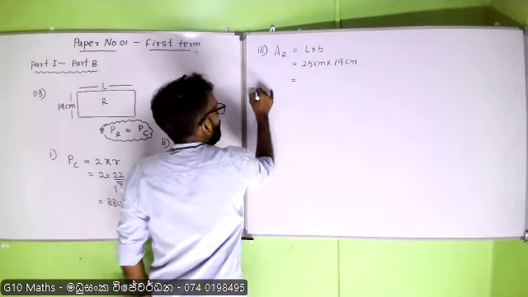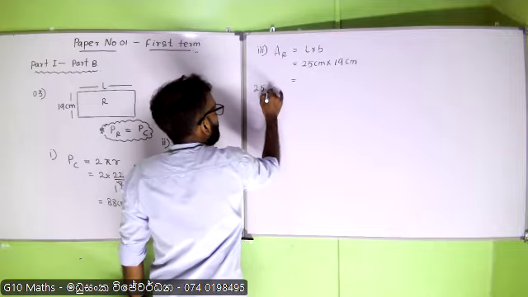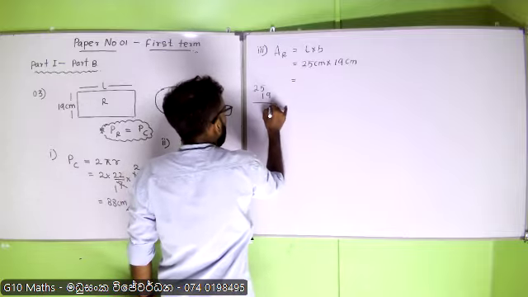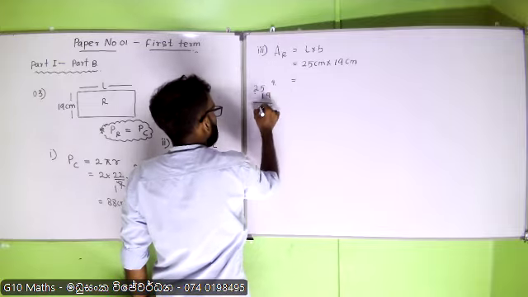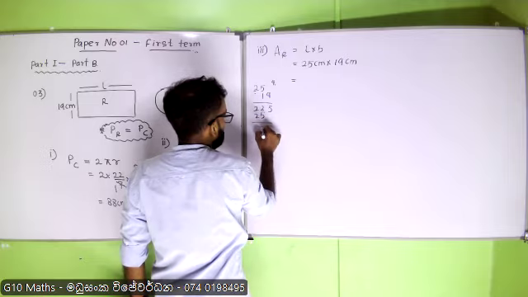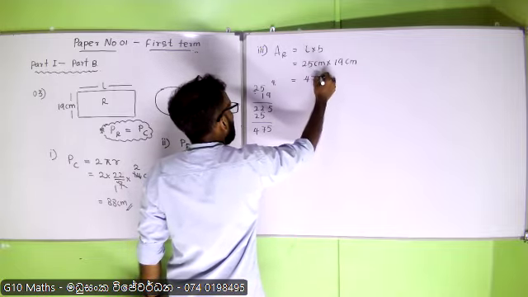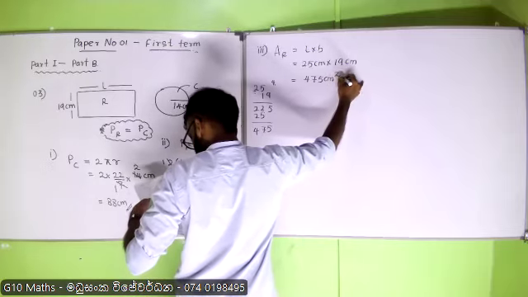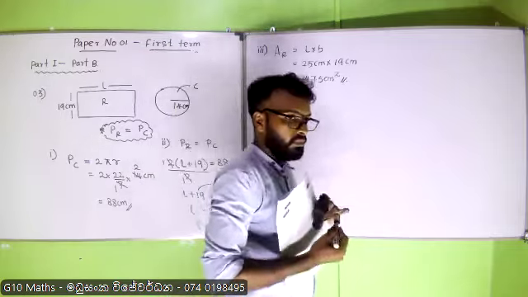So 25 into 19. 9 times 5, 45. 9 times 2, 18, 22. 5, 2, 5, 7, 475. 475 square centimeters.